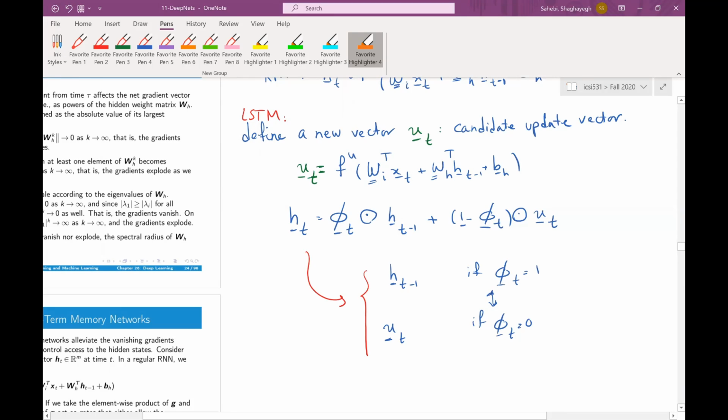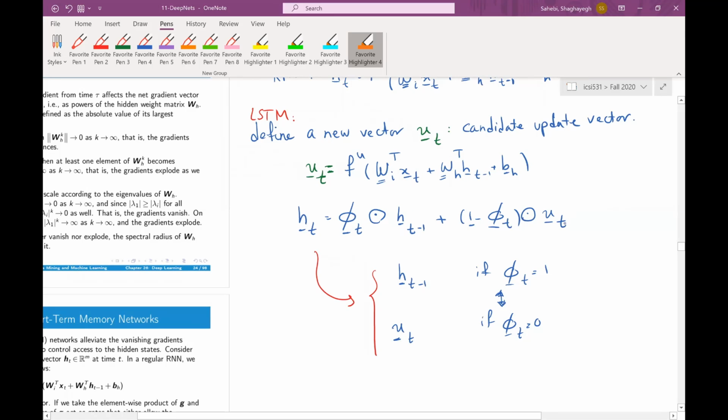So basically, our new hidden state value is something between the previous hidden state and the candidate update vector that takes into account the input at this time t. All right?